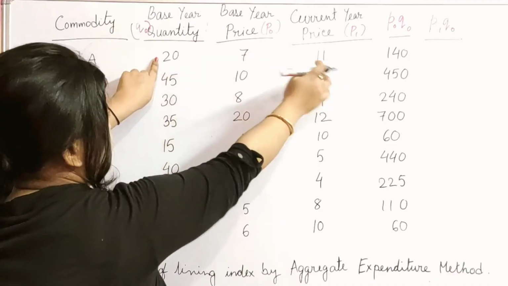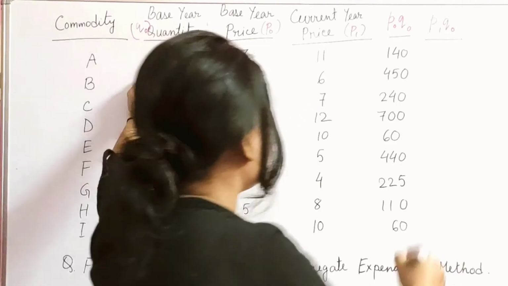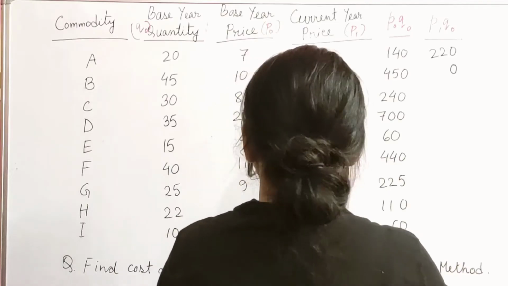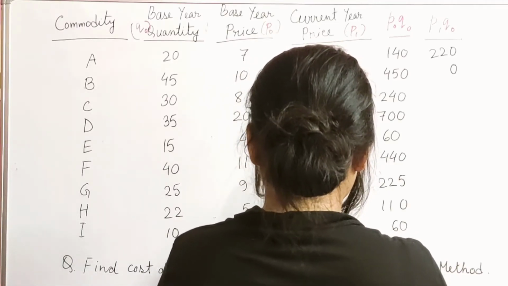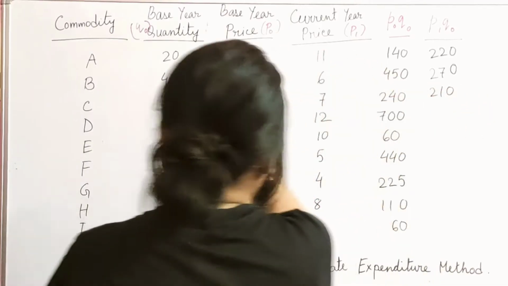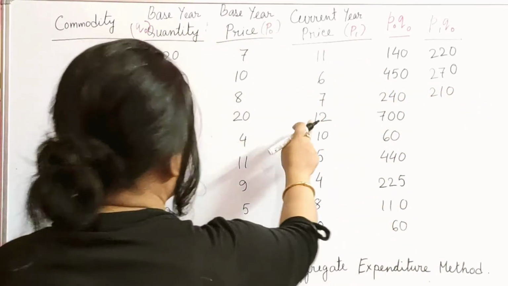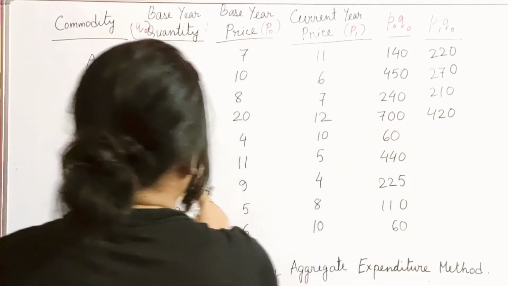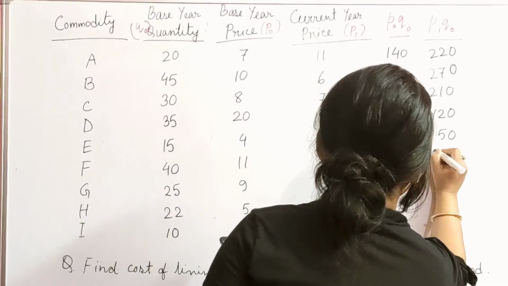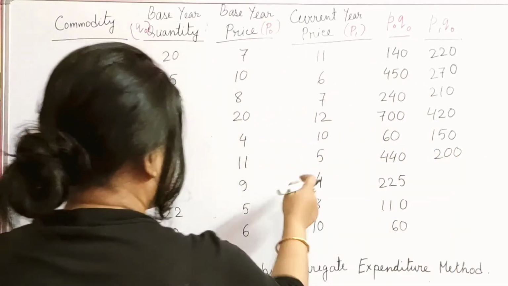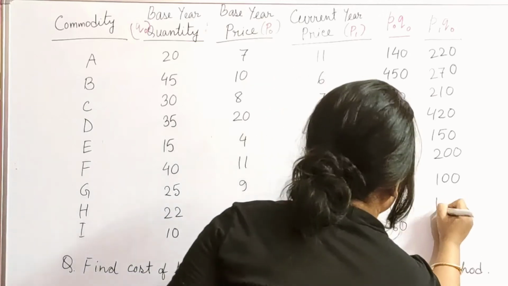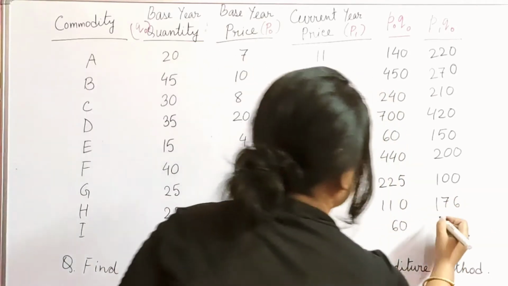So first we find the product of the corresponding numbers. 20 into 11 is 220, 45 into 6 is 270, then 30 into 7 is 210, 35 into 12 is 420, 15 into 10 is 150, 40 into 5 is 200, 25 into 4 is 100, 22 into 8 is 176, 10 into 10 is 100.